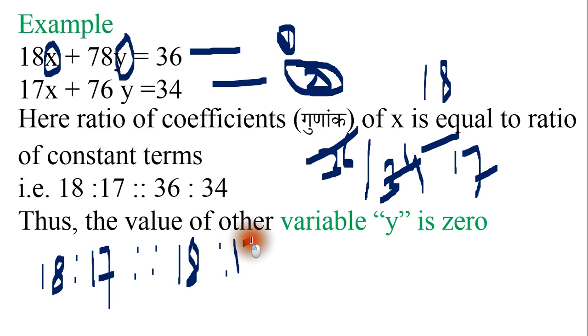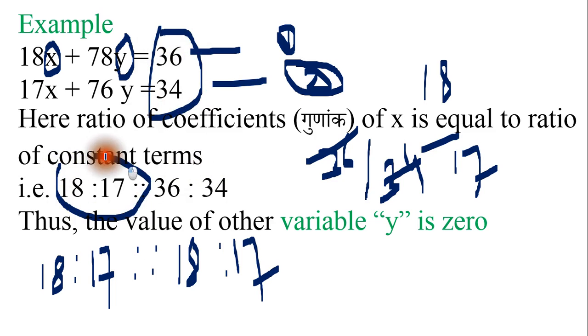So it is equal. Here the ratio of coefficients of x is equal to the ratio of constant terms. These are the constant terms, and you have the coefficients here. Thus the value of the other variable y is 0. Very simple. This value will be 0 automatically according to this sutra in Vedic mathematics. I hope it is very clear. There should not be any confusion in this.